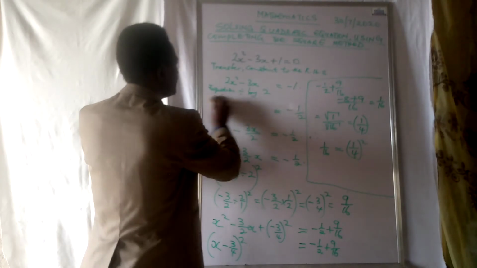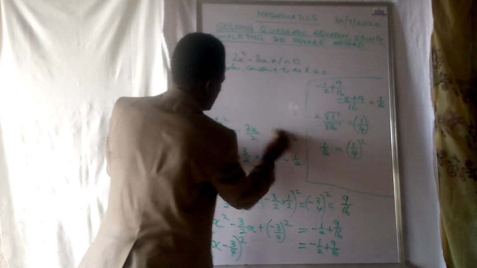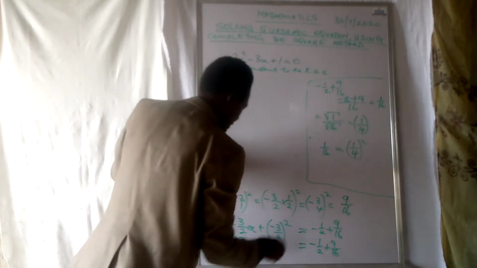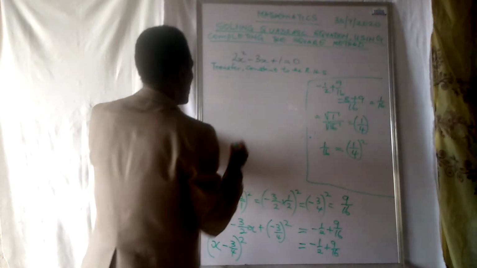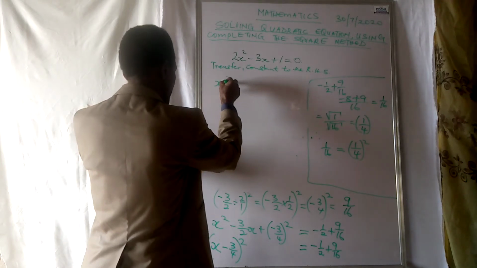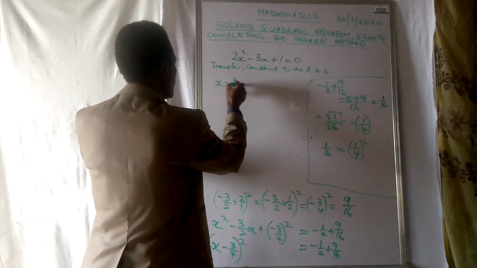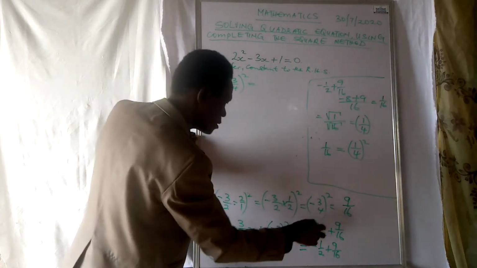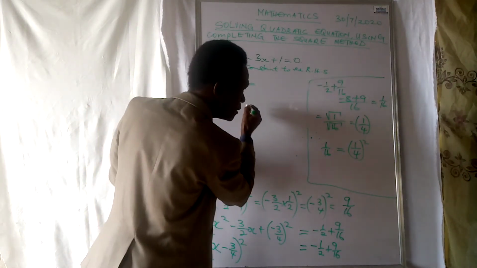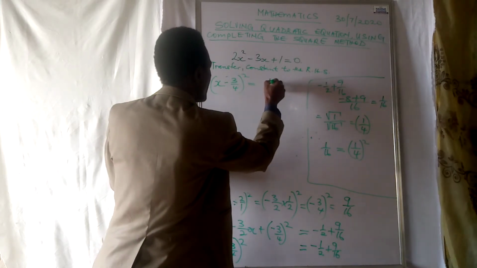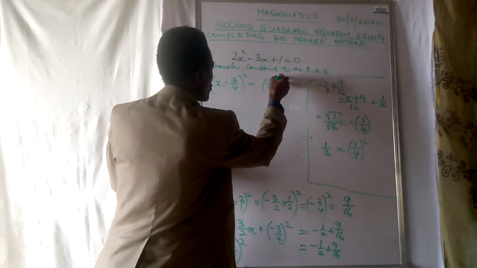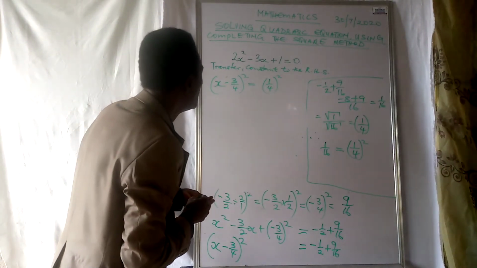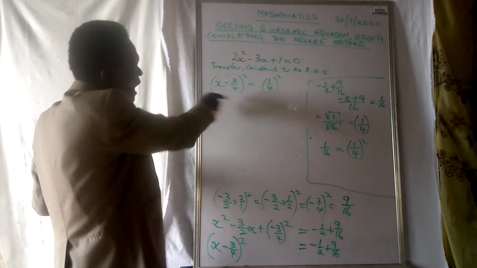So this now becomes (x minus 3 over 4) all squared is equal to (1 over 4) all squared. So this is what we have now.